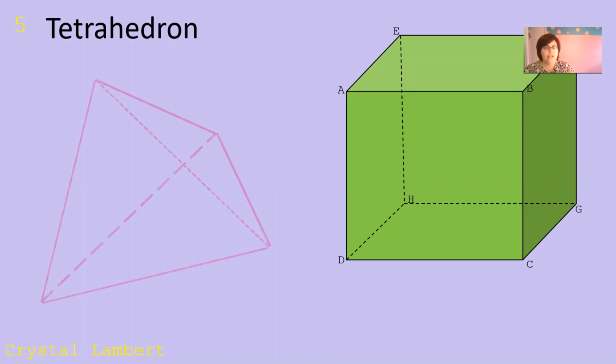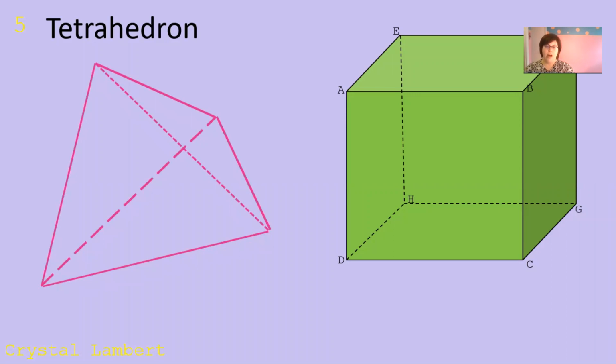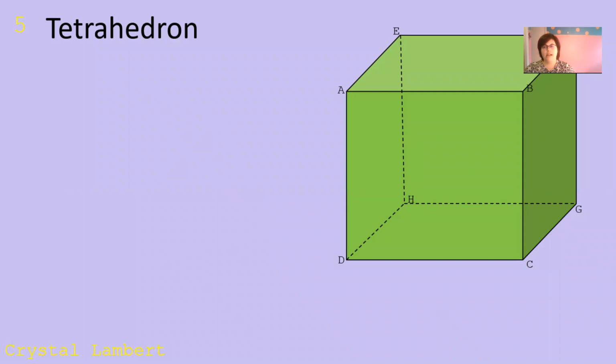So here we have our tetrahedron with its 4 sides, and now we're going to put it inside our cube, and there we go.